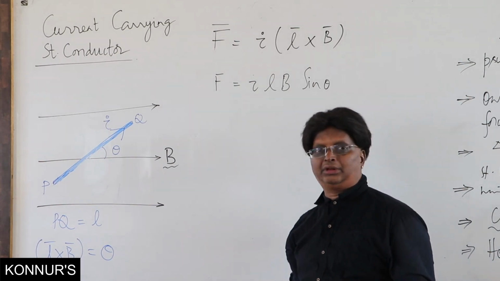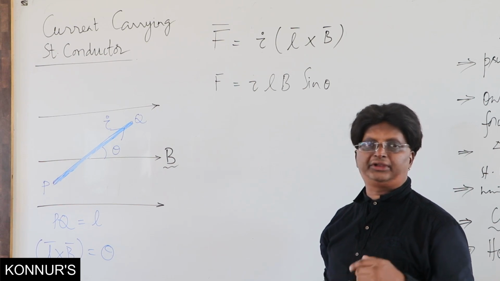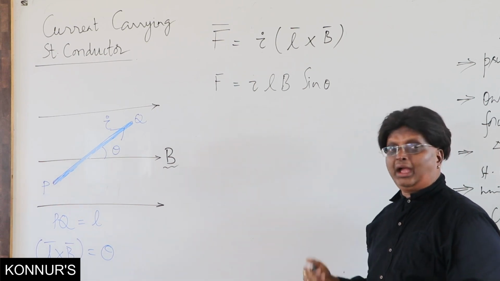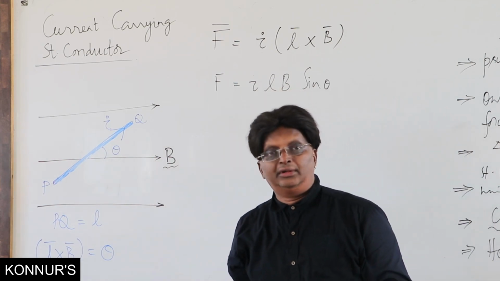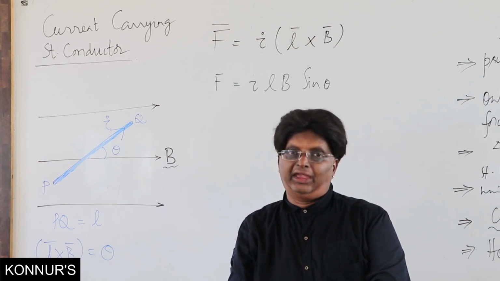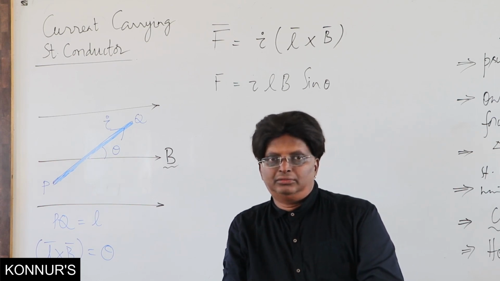Again the same cases will arise: theta equal to 0 degrees, 180 degrees, F equal to 0, and theta equal to 90 degrees, maximum. All such cases we will also discuss. And since it is the extension of F equal to QVB sin theta, the direction of ILB sin theta force is also the same rule as given by left hand rule, right?